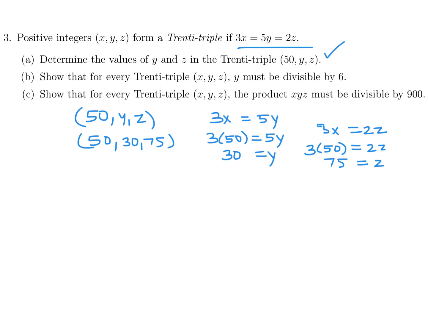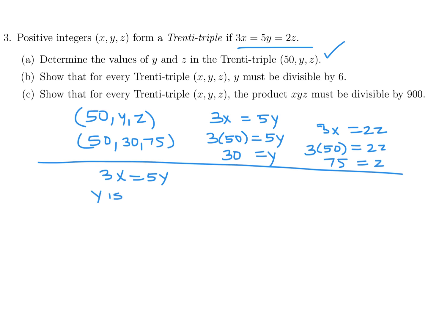Part B, show that for every Trenti triple, x, y, z, y must be divisible by 6. So 3x is equal to 5y, correct? So that means that y is a multiple of 3, right? Because 3 times something is equal to 5y. Now 5 is not a multiple of 3, so y must be a multiple of 3.